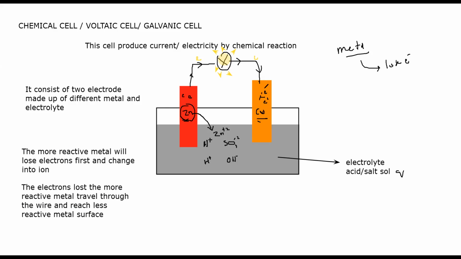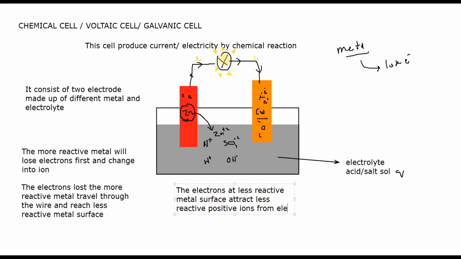So this will now have more electrons. Then what happened? The electrons at the less reactive metal surface attract positive ions, the less reactive positive ion, from the electrolyte.